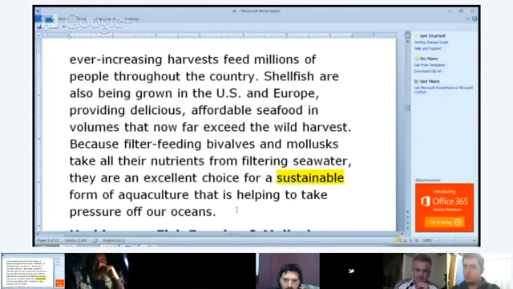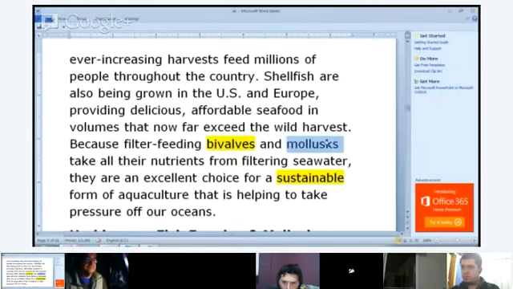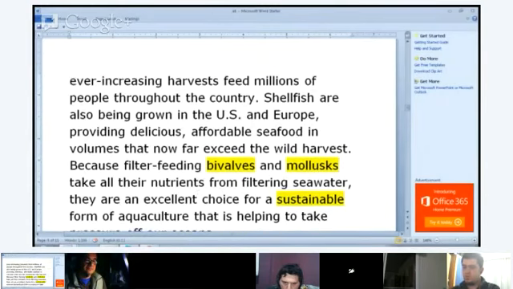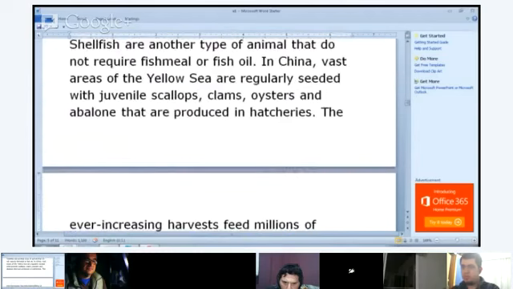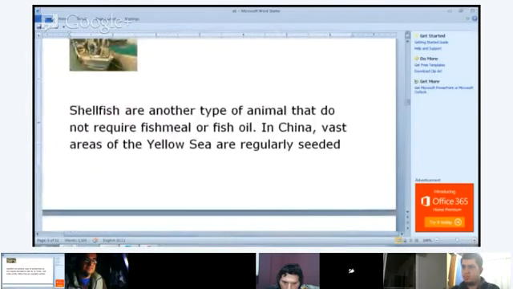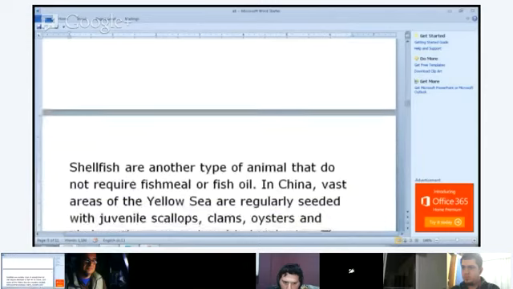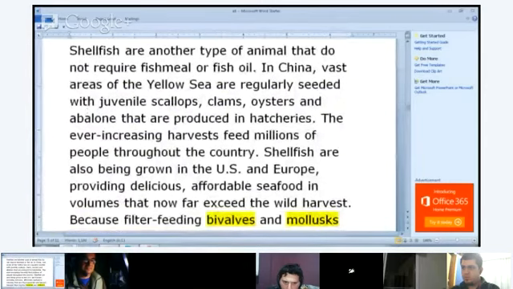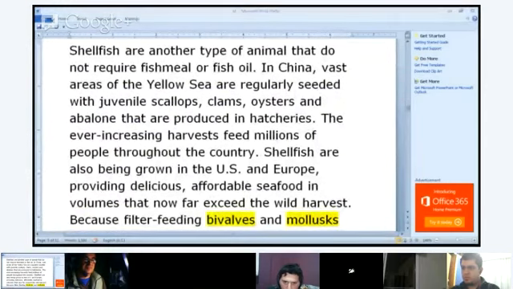Okay, and I'll get you to stop there. Thank you. We say bivalves. These are some of the bivalves, and mollusks are different kinds of shellfish. Okay, and so you know what's coming now. What does this information mean? Can somebody make some comments about the information that was in the text?